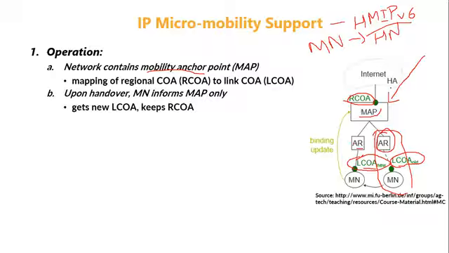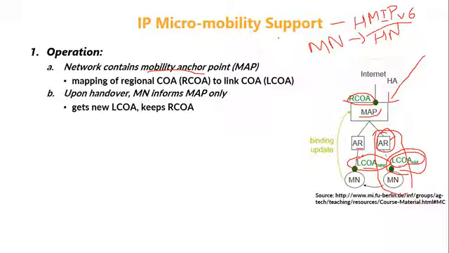If the same packet had come some time earlier, the MAP would know that the mobile node was identified with LCOA old, but currently it is identified with LCOA new. So this local handover will be taken care of by the MAP.